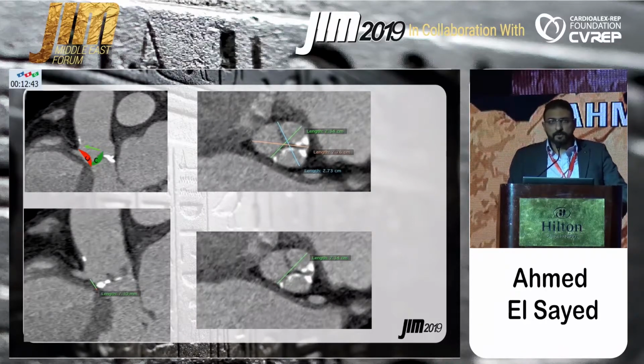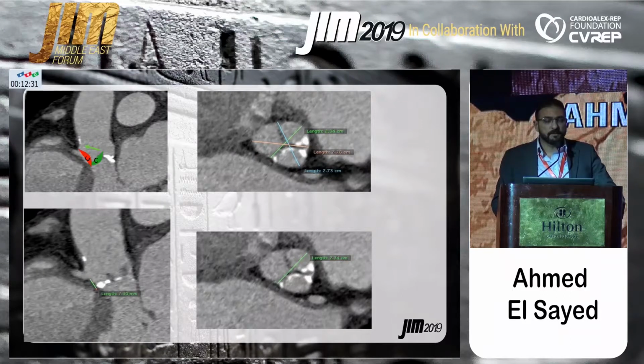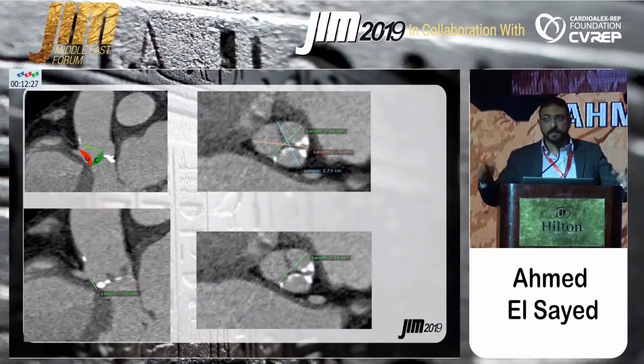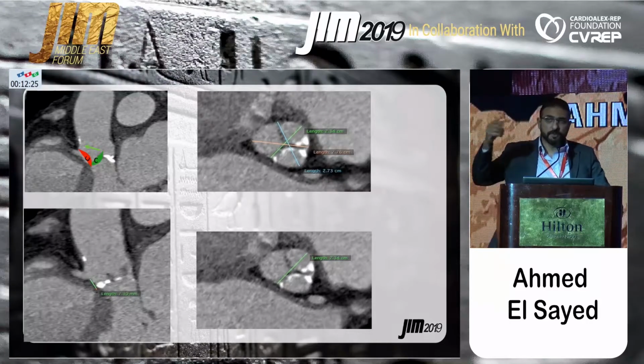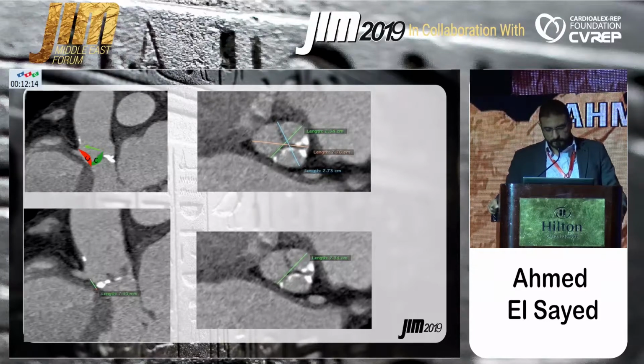So what we usually do in such cases is balloon aortic valvuloplasty, to look at how that cusp would behave. Would it cause a coronary occlusion? So we do balloon valvuloplasty together with a simultaneous aortic injection. And if the coronaries are at risk, we go for coronary protection together with the TAVR procedure.